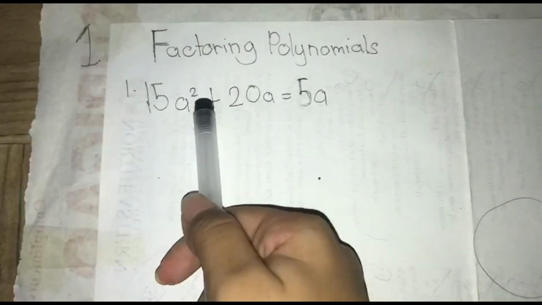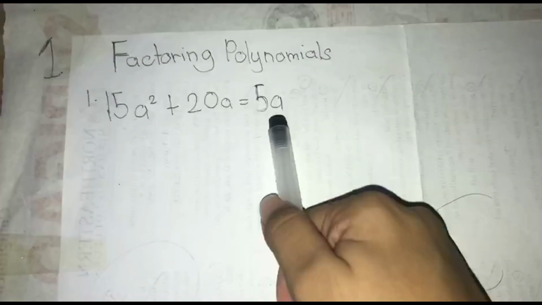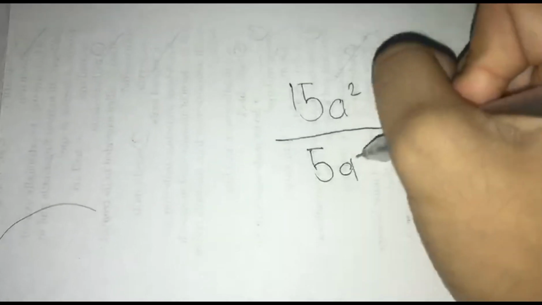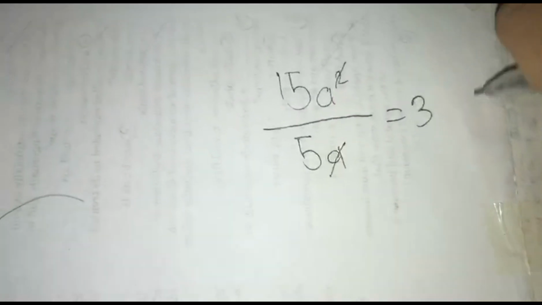15a squared divide 5a. So 15 divide 5 is 3. Cancel out, at meron pang natitirang a. So 3a.